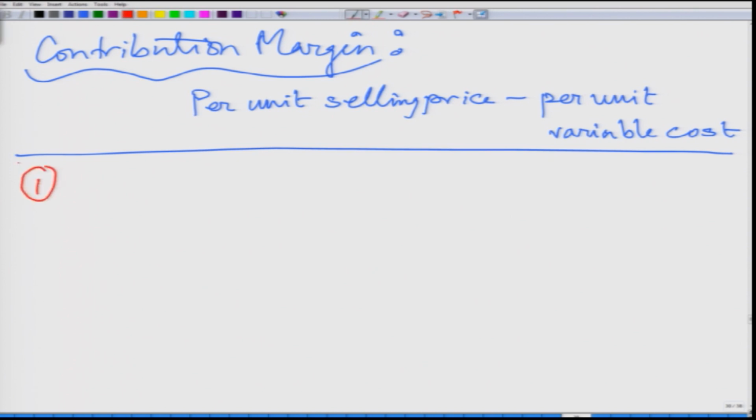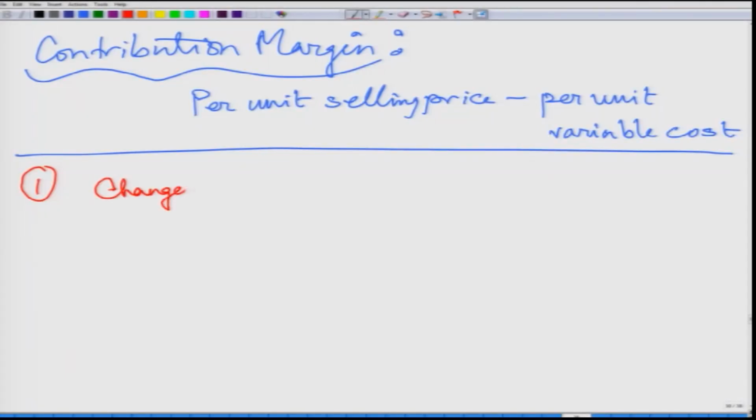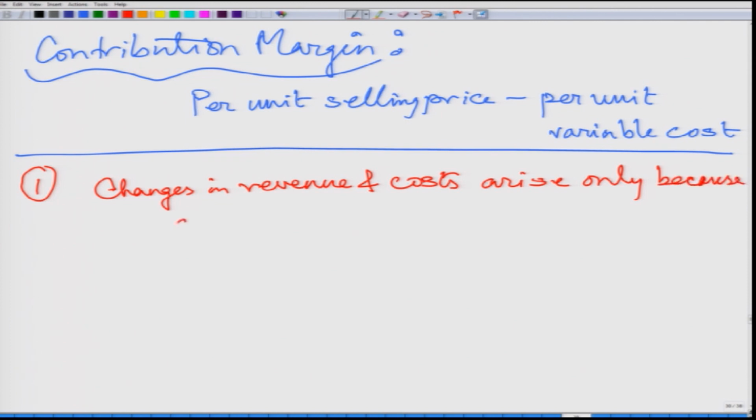So number one assumption is changes in the level of revenue and costs arise only because of changes in the number of units produced and sold.